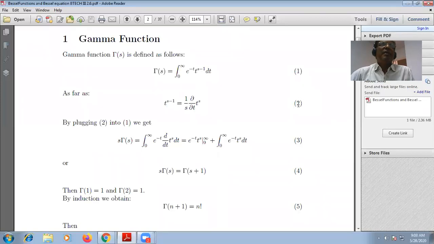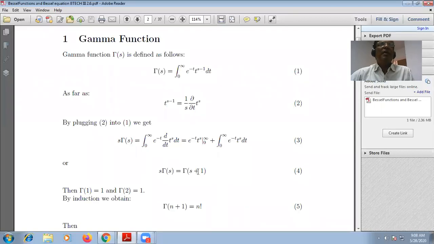Now put this result into equation 1. In the place of t to the power s minus 1, you can put this value, and after integration your result takes the following shape: s into gamma s is equal to gamma s plus 1.